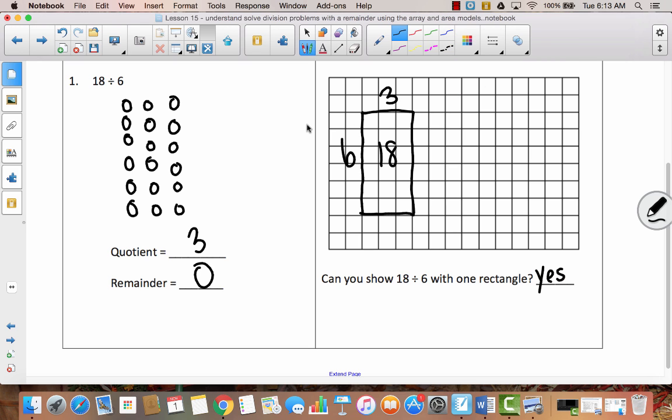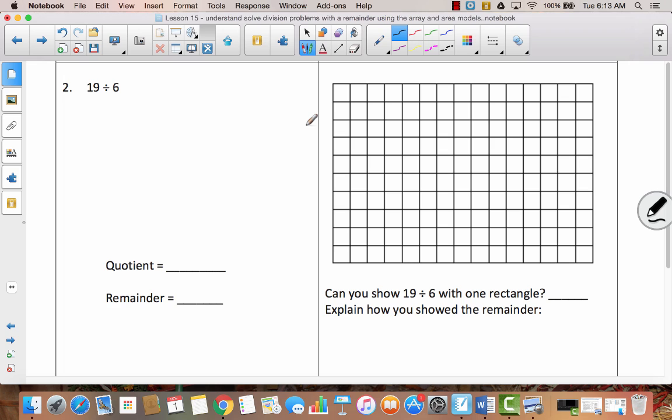All right, let's take a look at problem number 2. So problem number 2 is very similar to problem number 1, except this time we have 19 divided by 6. So let's begin with our groups of 6. So I have 1, 2, 3, 4, 5, 6. 1, 2, 3, 4, 5, 6.